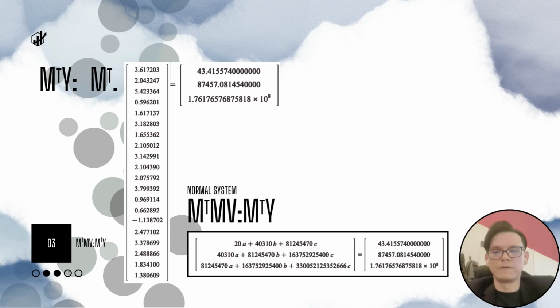After obtaining both MTM and MTY, the normal system can now be written as MTM.v equals MTY. The expanded matrix equation shown below represents the complete system of equations used to solve for the unknown coefficients A, B, and C. Solving the system will produce the coefficients for the quadratic least square model.